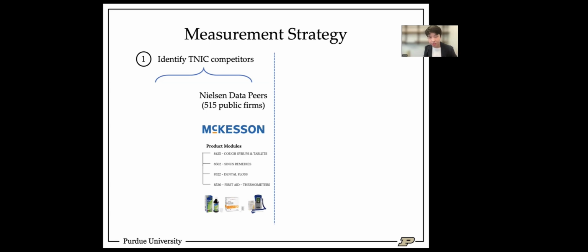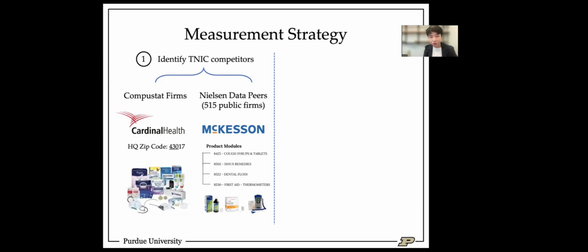So in this example, let's say there's McKesson, and for simplicity purposes, they have these 4 product modules that they're selling products in, and we're going to be identifying all of those TNIC competitors that are available in Compustat. So one example here would be Cardinal Health. And we're going to be identifying the headquarters location for these competitor firms.